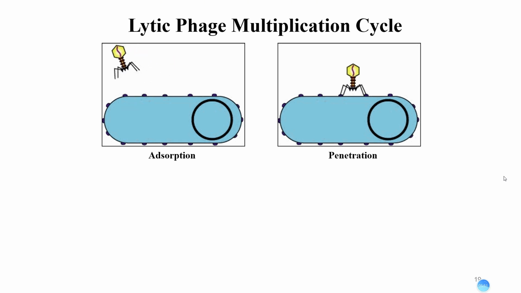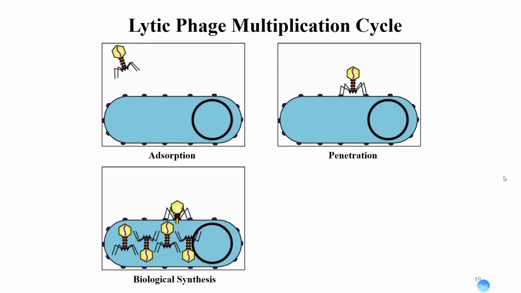Usually it's a DNA molecule, but sometimes it can be an RNA molecule. This step we call penetration. Penetration means the DNA or nucleic acid penetrates through the cell wall and cell membrane.